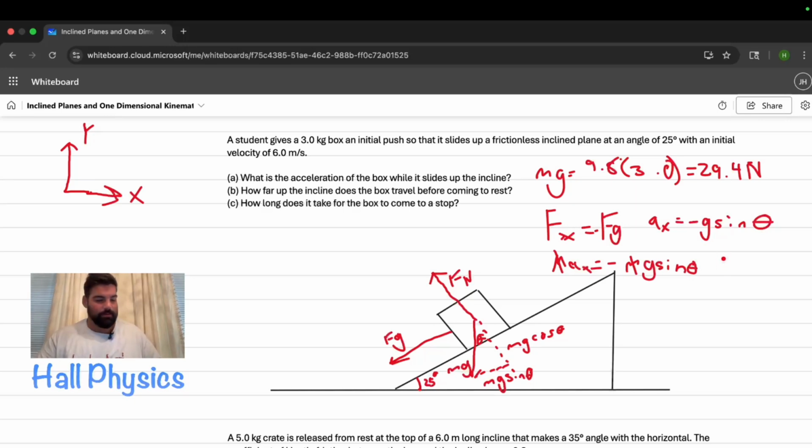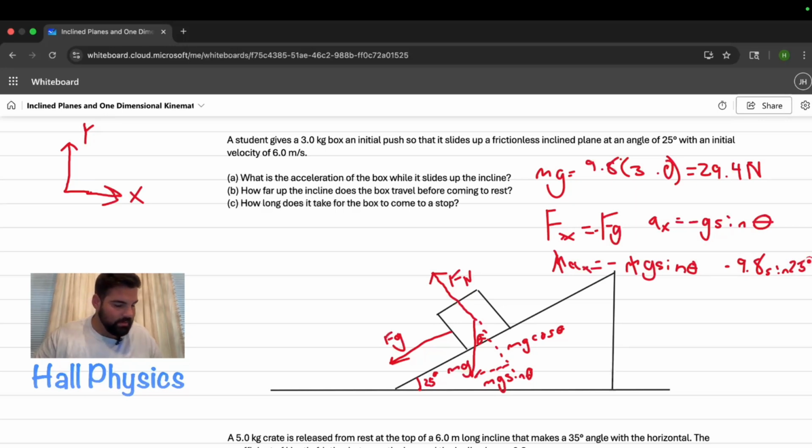Okay, now we can start plugging in numbers. So we know g is going to be negative 9.8 times sine of 25 degrees.